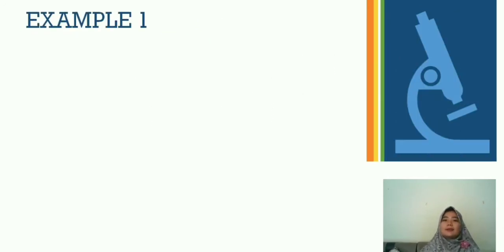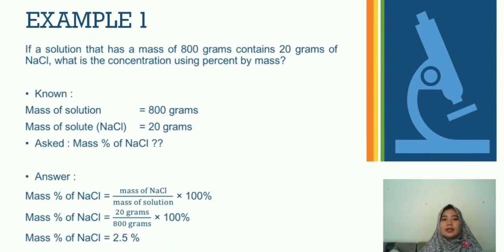For example 1, if a solution that has a mass of 800 grams contains 20 grams of sodium chloride, what is the concentration using percent by mass? From the example, we know the mass of solution is 800 grams and the mass of solute is 20 grams. And X is the mass percent of sodium chloride.